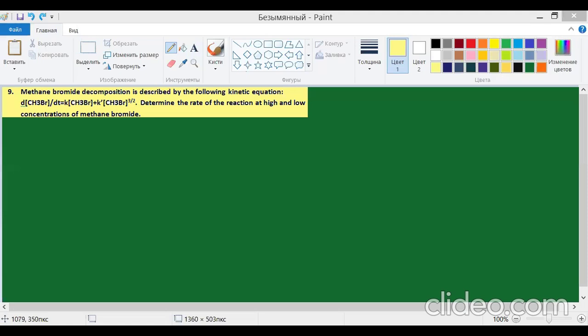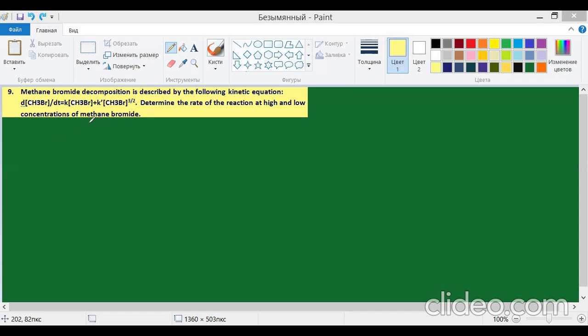And now we're proceeding to the next question. A methane bromide decomposition is described by the following kinetic equation. You can see it over here. As you see, we have no fraction.